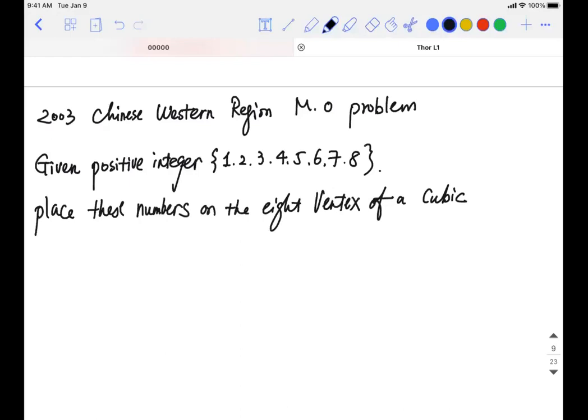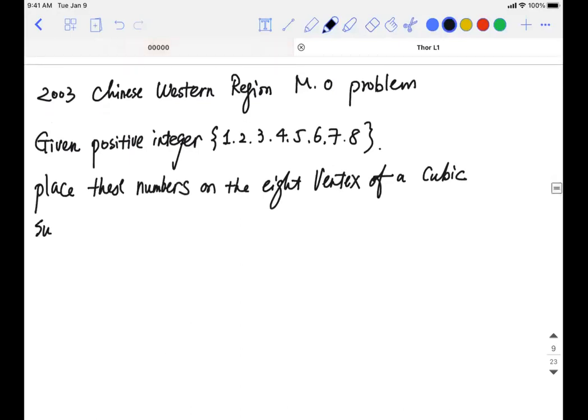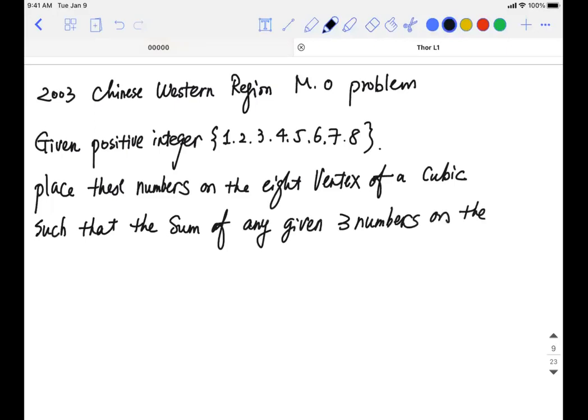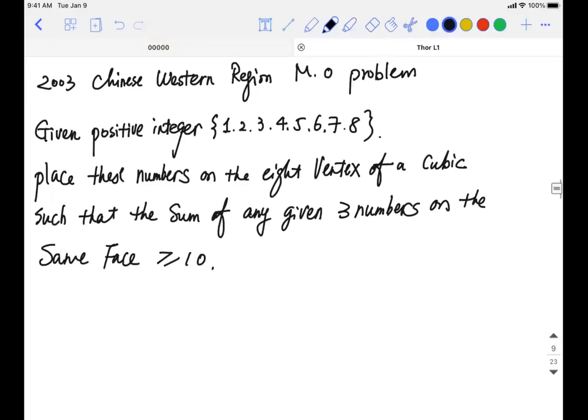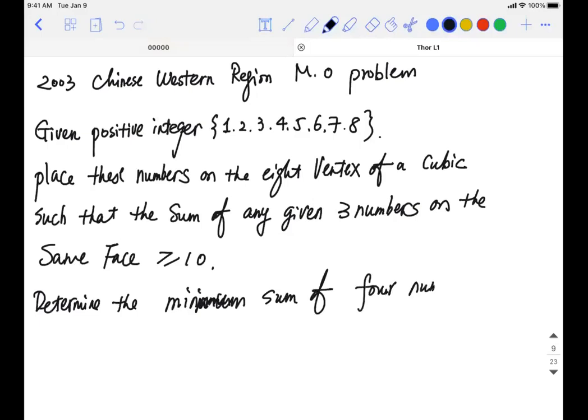I put these 8 numbers on these 8 different vertices, such that the sum of any given 3 numbers on the same face is greater than or equal to 10. Determine the minimum sum of 4 numbers on the same face.